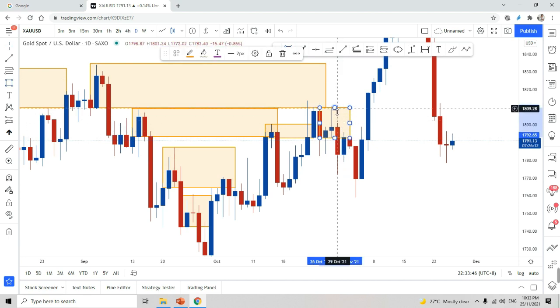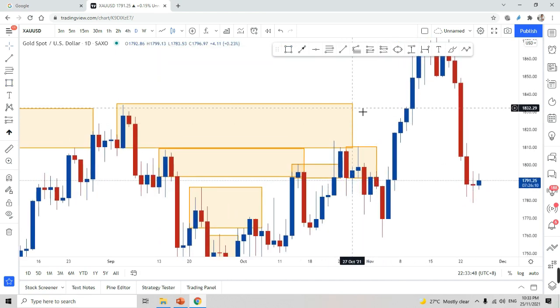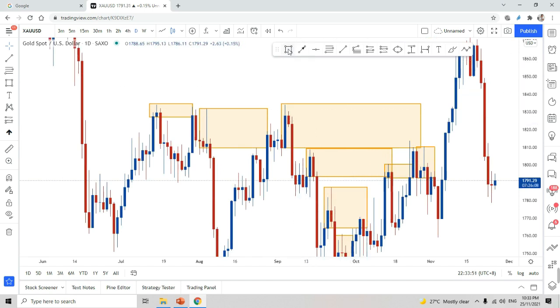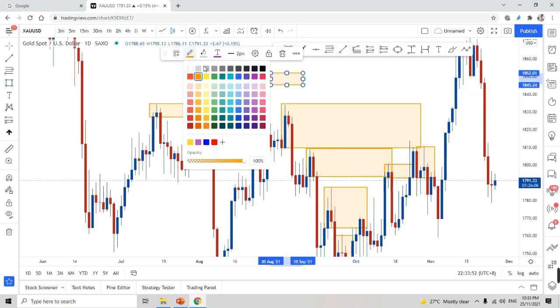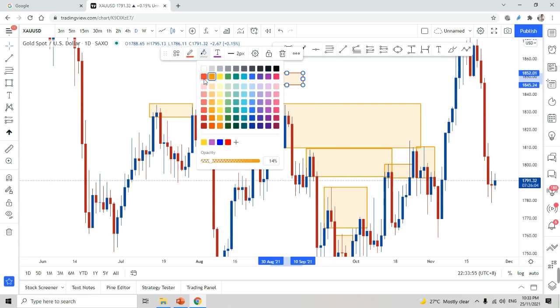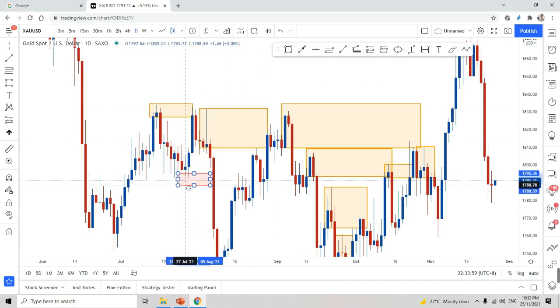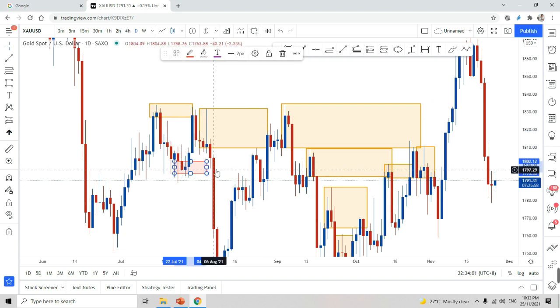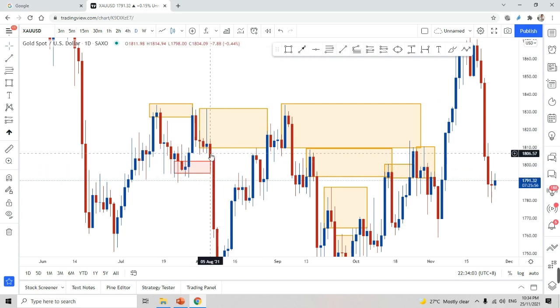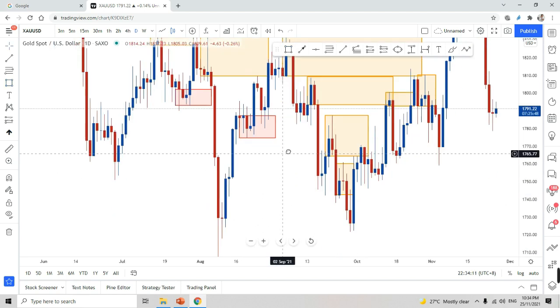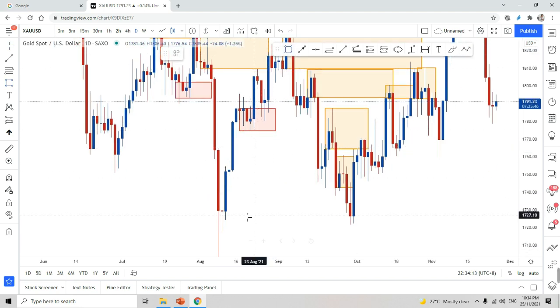Then after that, once you feel satisfied, you change the color of the box to another color, maybe red. All right. Then you define your demand zone. Right. Demand zone. How come the price broke over here? Just define all your demand zones. Just do this practice, which I call mapping.